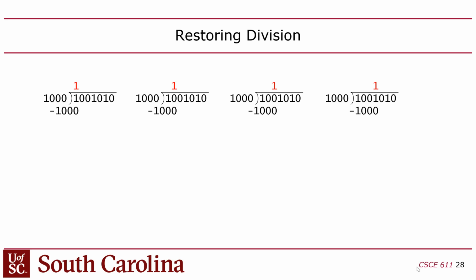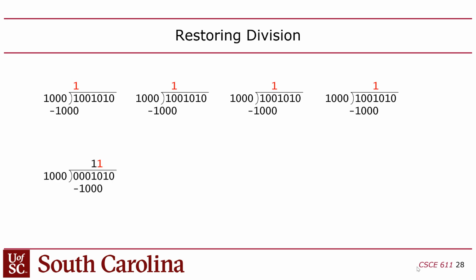So then finally, it's going to get to the fourth bit. It's going to put a 1. So 1 is obviously 1 times the divisor. So it's going to subtract 9 minus 8, in which case you have 1.